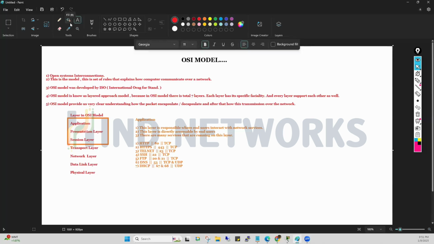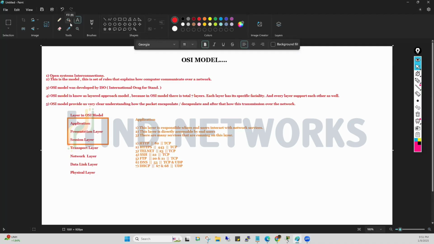SSH is secure. Now, Telnet is not secure and SSH is secure, so their relation is definitely not with TCP. Try to understand why we use TCP.